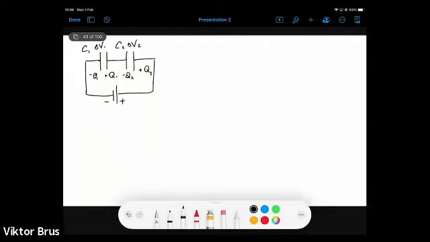At the same time, the two internal plates are not connected to anything. They are isolated from this electric circuit by these gaps between plates.